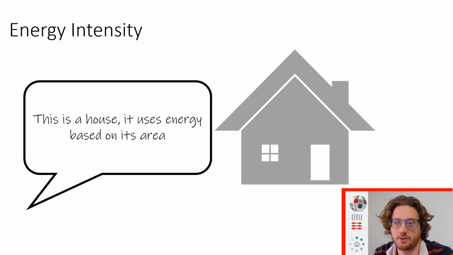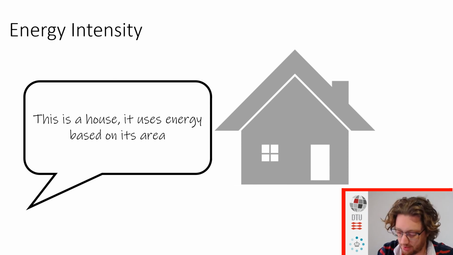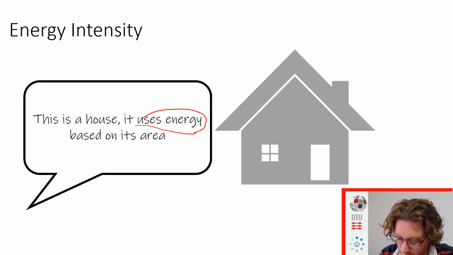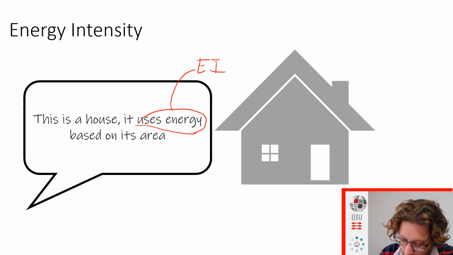So just to reiterate, this is the same slide as we had before, where we have this example of a house that uses energy based on its area. So the energy that it uses is the energy intensity, and the area in this case is the activity. So I hope that makes a little more sense now.